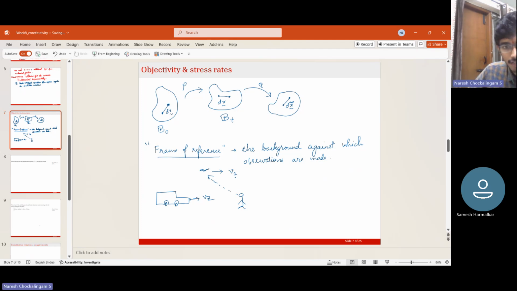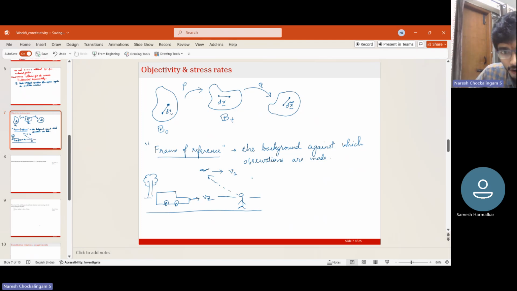He's observing a bird. So he is making observations against the background of stationary objects that are stationary with respect to him, right? An observer on the road who is not moving with respect to the road will make observations of things moving around him with respect to the background that is relatively at rest with respect to him.